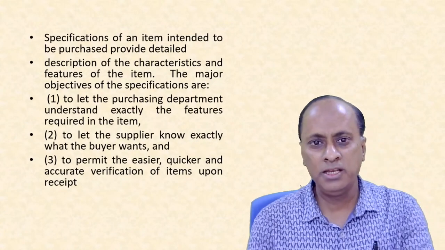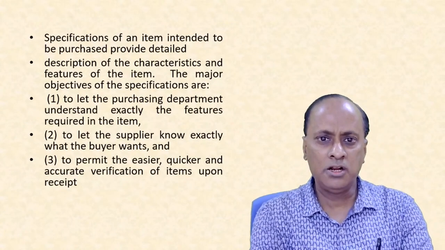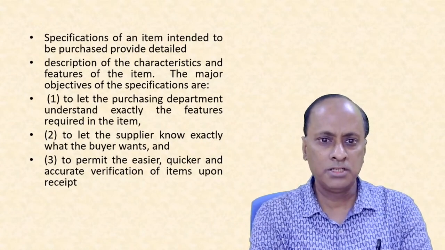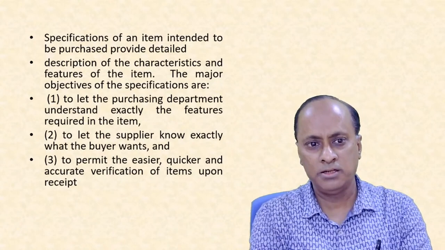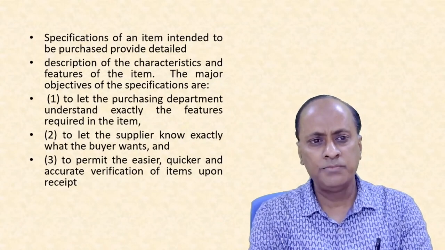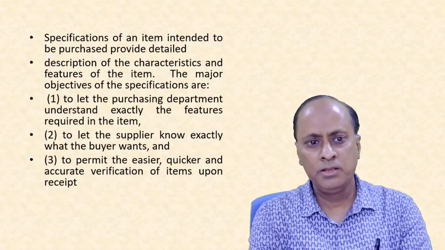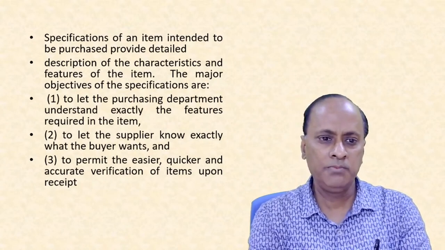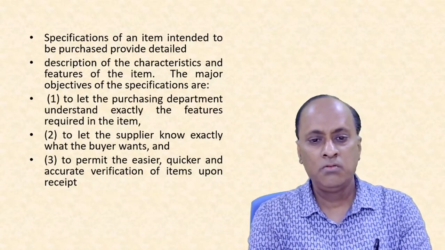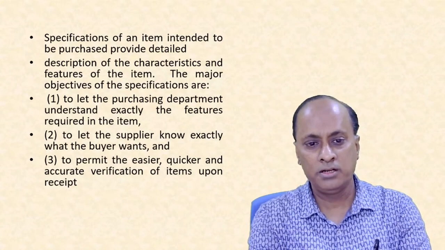Why do you specify the item? Because it is of a lot of utility to the purchasing department. It gives the characteristics and features of the item. If you specify a product, the purchasing department understands exactly the features of the required items.